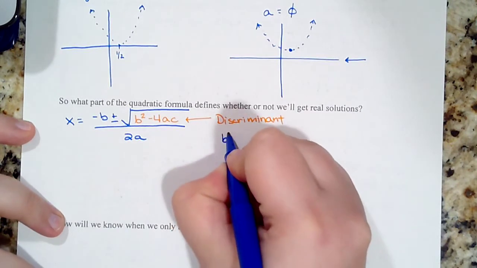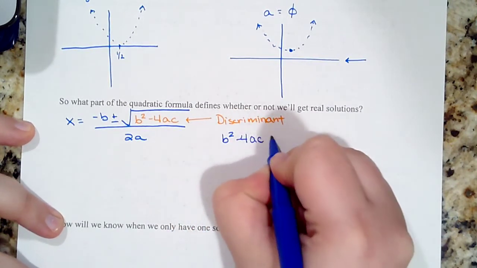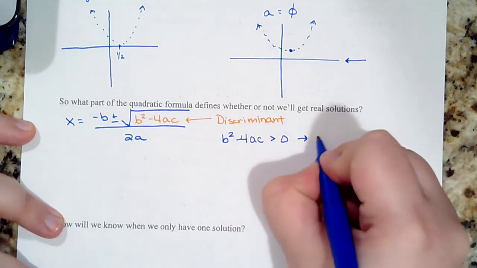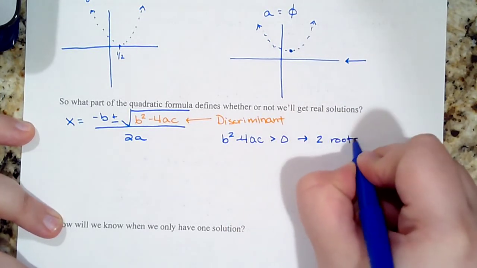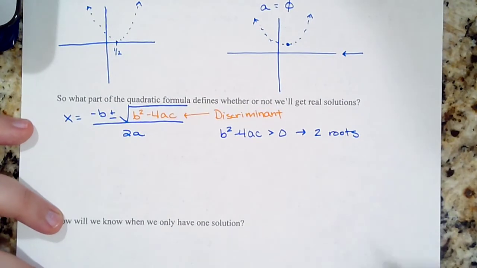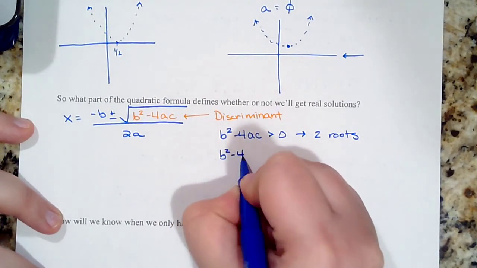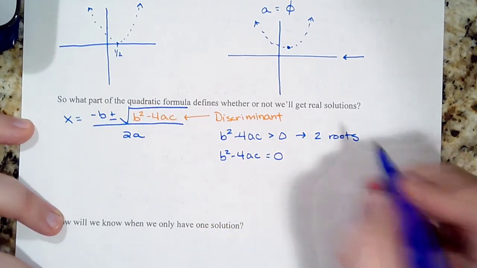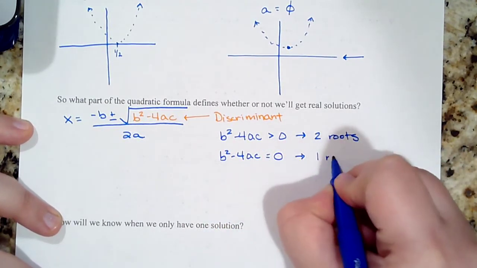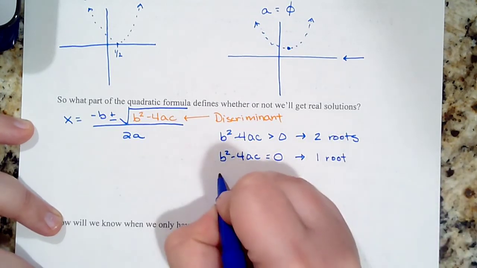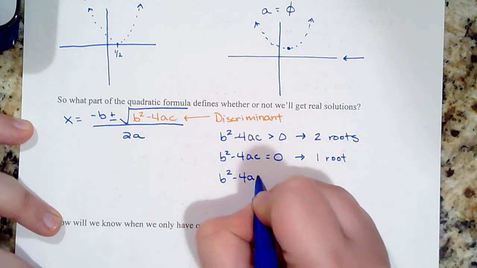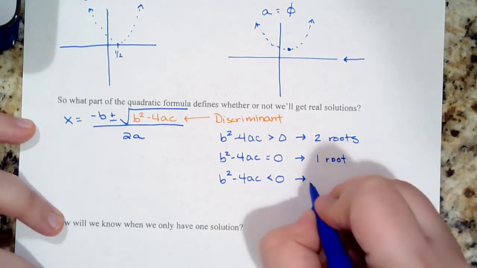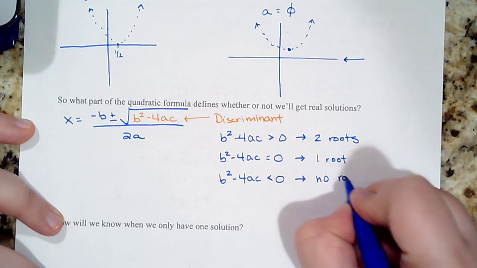Well, if your discriminant, b squared minus 4ac, is greater than 0, you're going to have two solutions, or two roots. If b squared minus 4ac is equal to 0, you're going to have one root. And if b squared minus 4ac is less than 0, you're going to have no real roots.